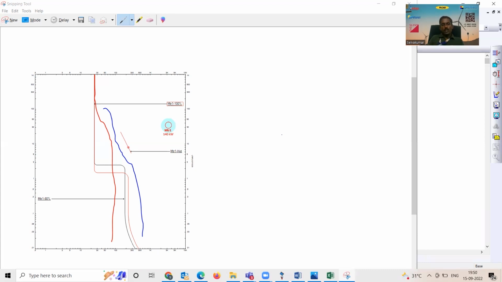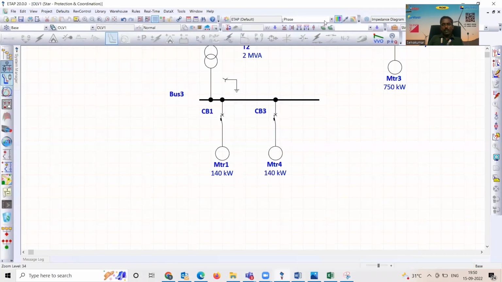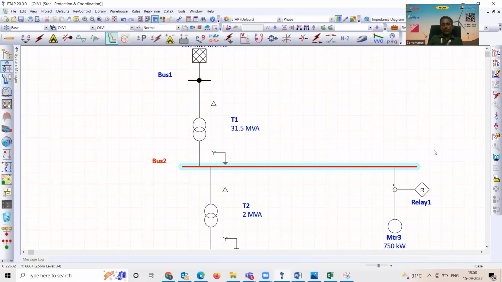When you are doing the motor starting using software like PSCAD, you will get the unbalanced current and unbalanced time during the starting, everything you will get. When you are setting an earth fault setting, you need to ensure that whatever unbalance happens during the normal motor start, the relay should not maloperate.